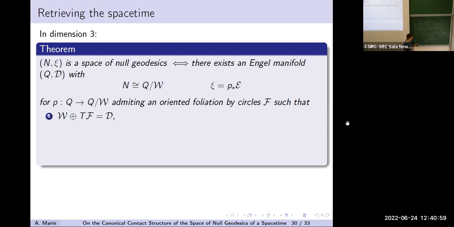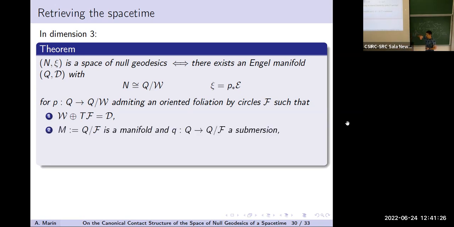First one is rather easy. It says that if I have a point in Q, then I have the corresponding circle coming from the foliation. And if I take the tangent direction to the circle plus the kernel of my distribution here, then these two span everything.